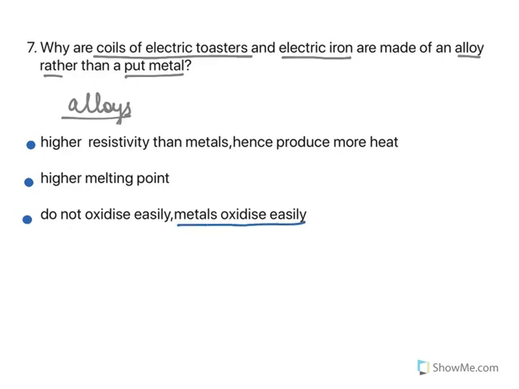Metals oxidize easily, but alloys do not. Even so, alloys have higher melting points than metals. And they also have higher resistivity compared to metals, so they produce more heat as compared to metals.